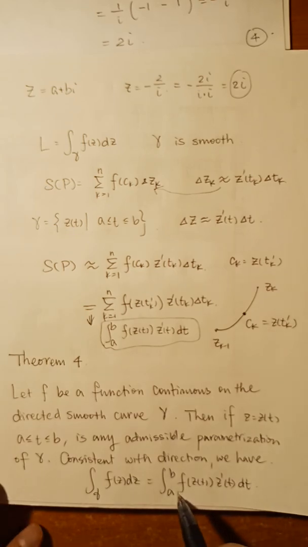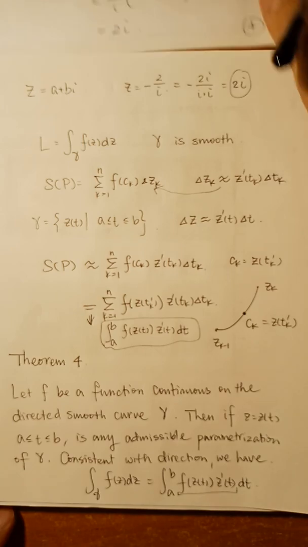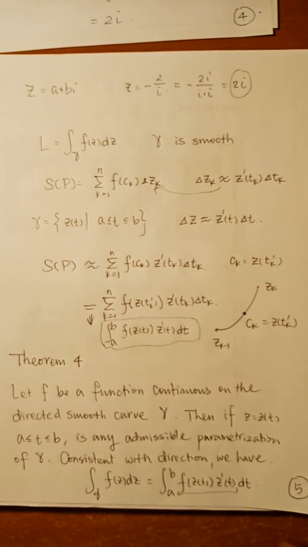If we can find the antiderivative of f(z(t)) times z prime(t), then you can use the fundamental theorem of calculus to evaluate. That's the purpose of theorem 4. We want the real variable instead of complex.